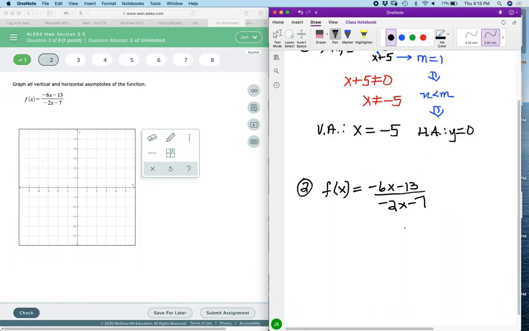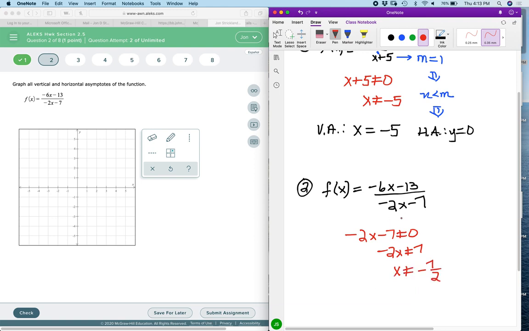For the second problem, we're still looking at vertical and horizontal asymptotes. For the function f of x to be defined, the denominator cannot be 0. Looking at the exclusion, x cannot be equal to negative 7/2.